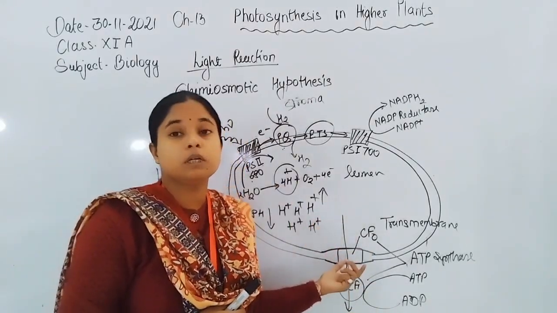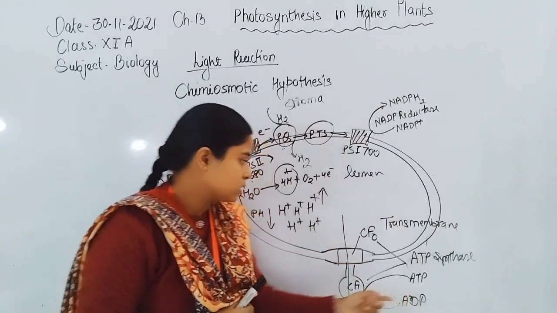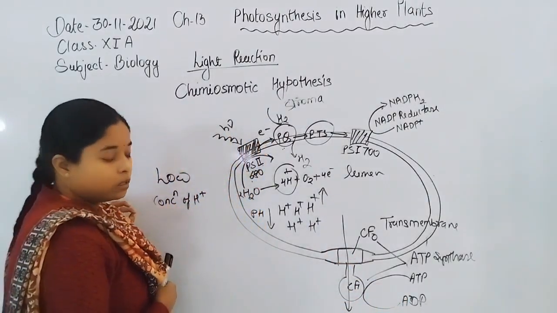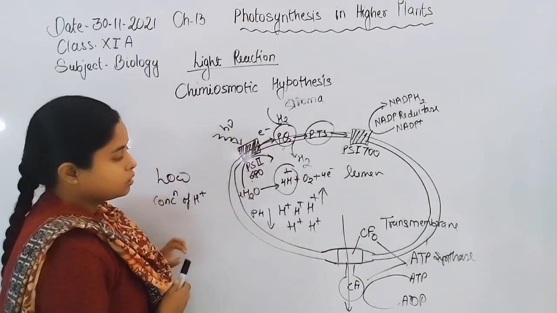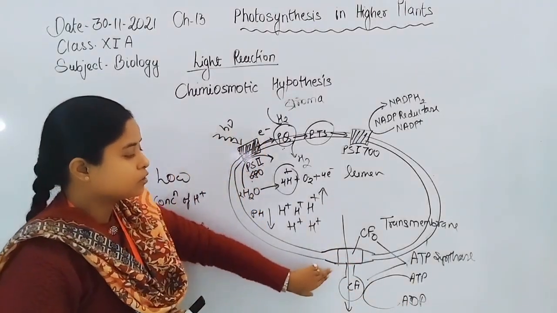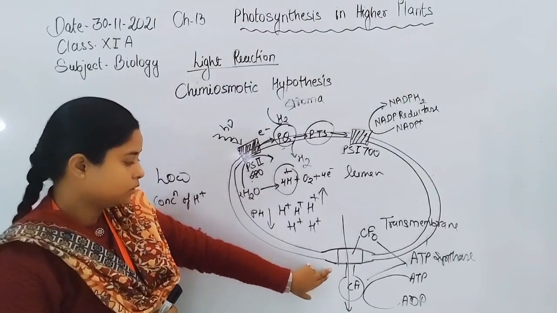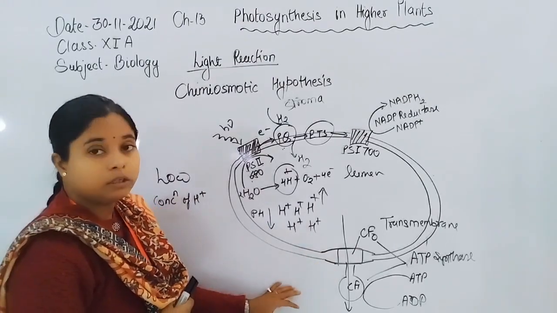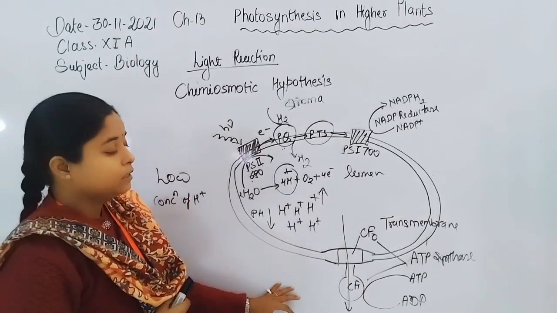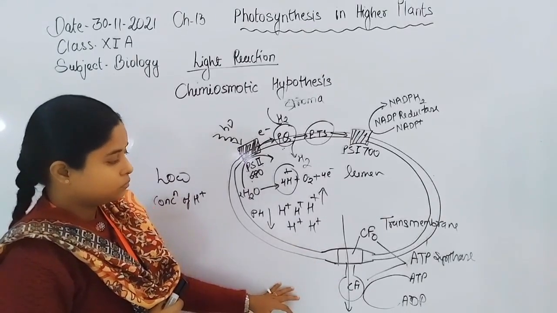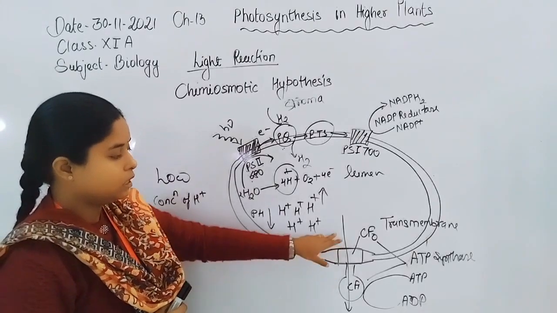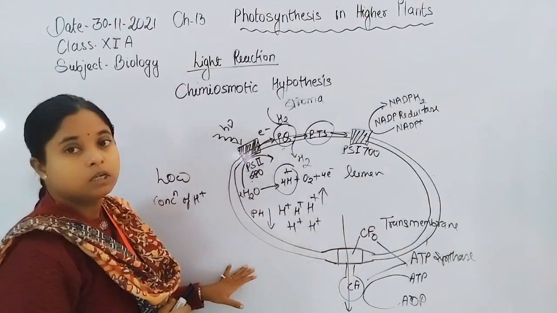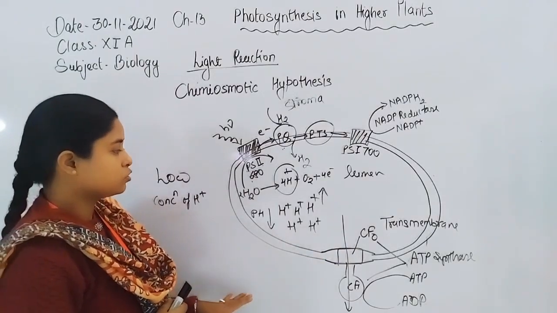Through the proton gradient, the ATP gets synthesized, catalyzed by the ATP synthase enzyme. Because of the facilitated diffusion, the proton is transmitted into the stroma.